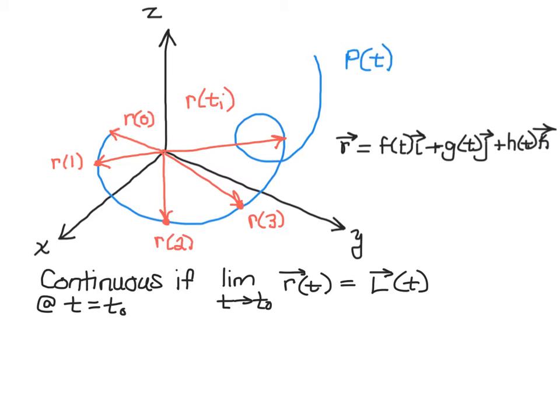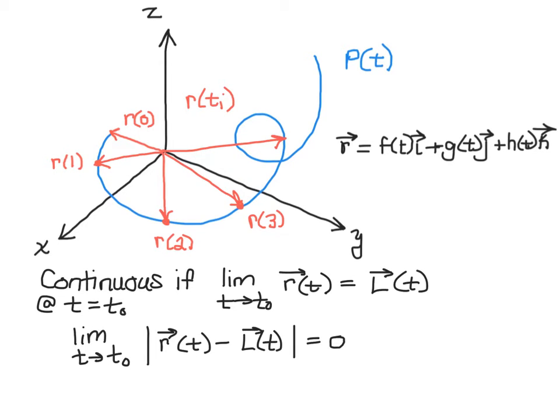Now let's look at this from a different perspective. Another way of saying this is to say that the limit as t approaches some value t naught of the magnitude of the difference between r of t and L must equal 0.